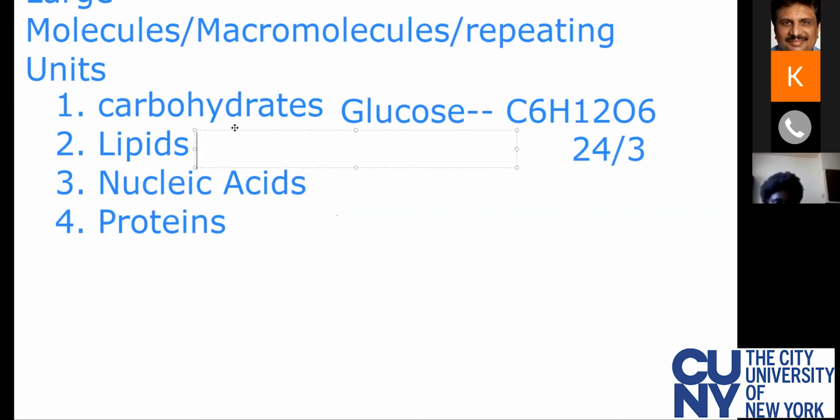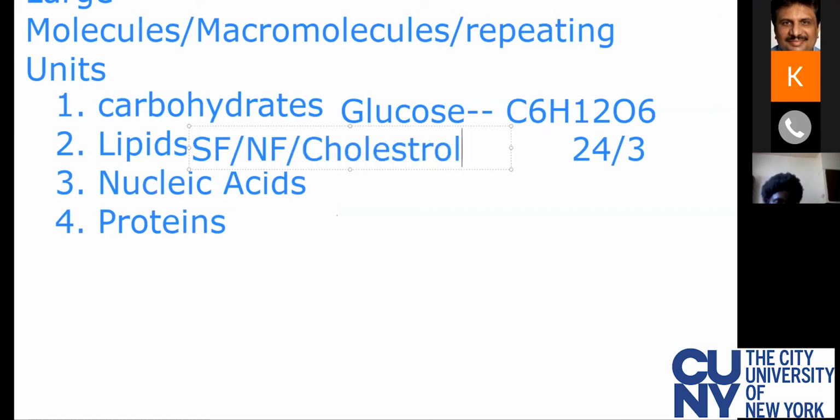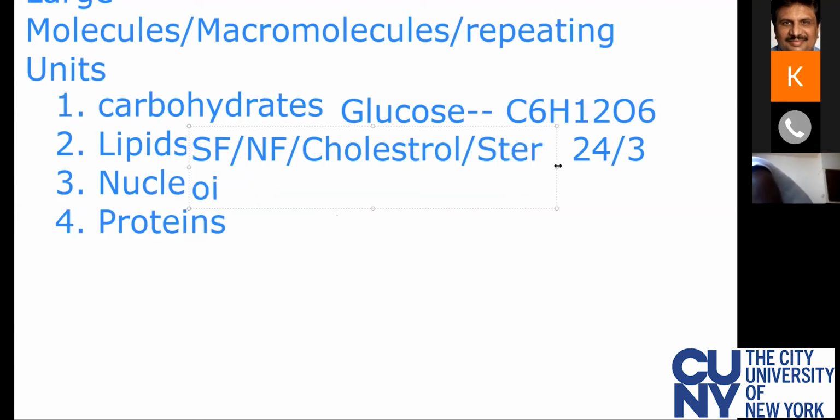So now coming to lipids. Lipids are very diverse molecules. They are made up of saturated fat or non-saturated fat. They also include cholesterol, and they also have steroids. So lipids are very, very diverse molecules as compared to carbohydrate.